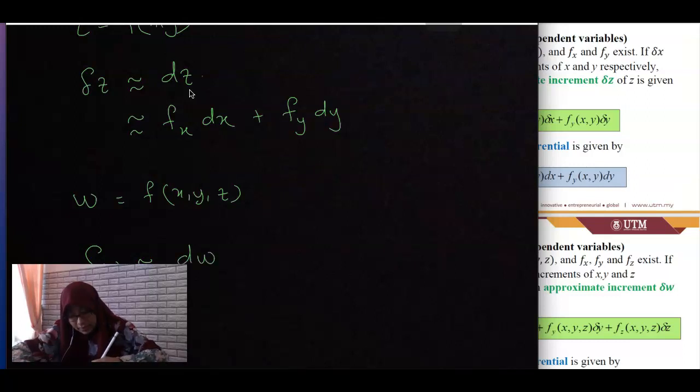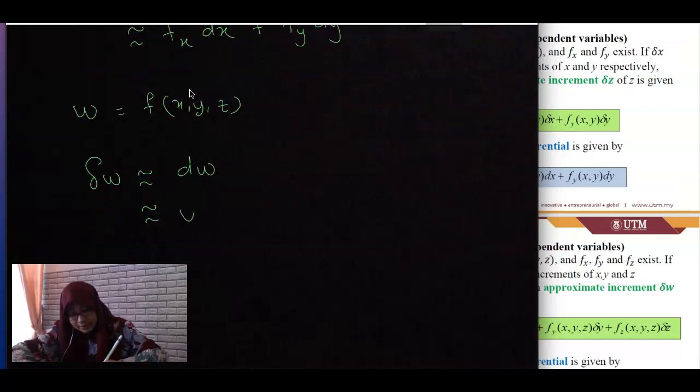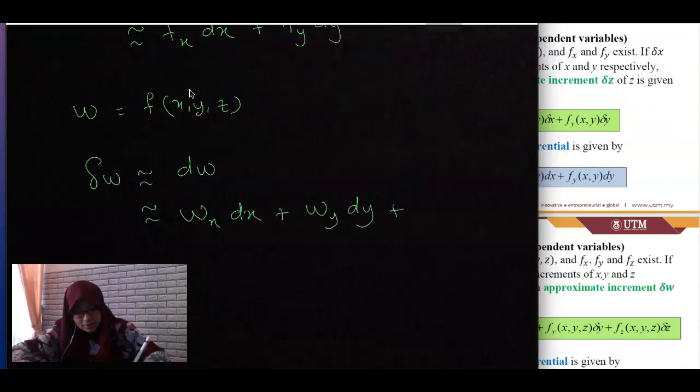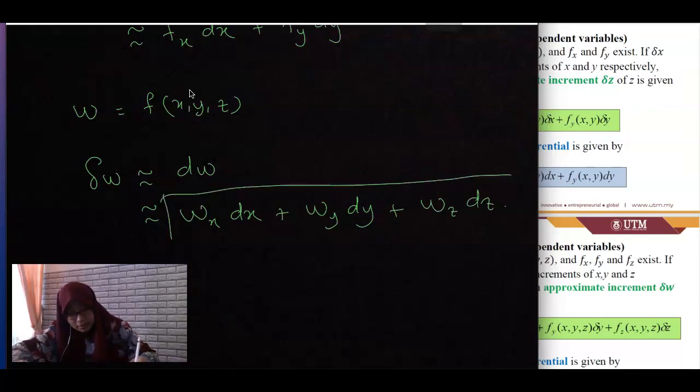What is the formula? The formula is wx dx plus wy dy plus wz dz. So this one is called total differential.